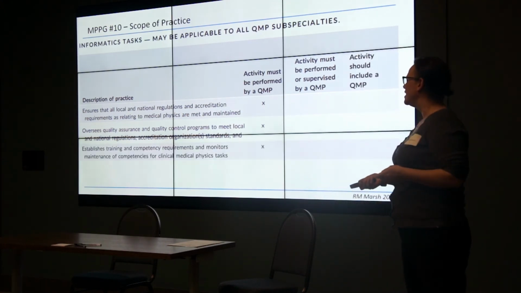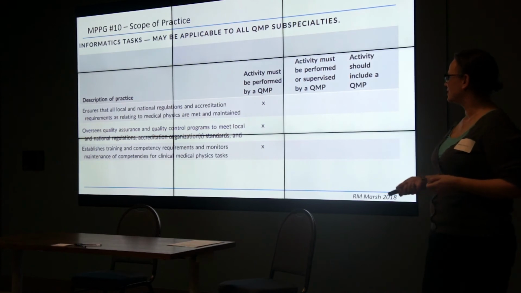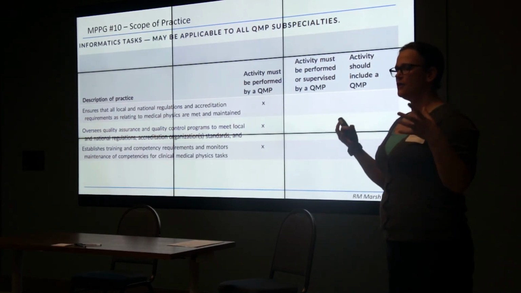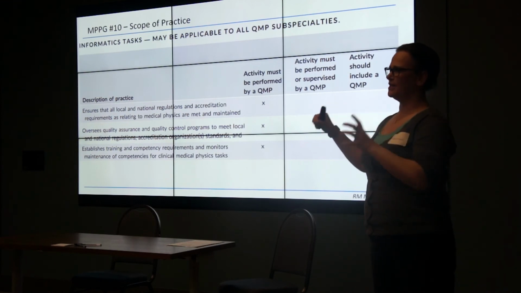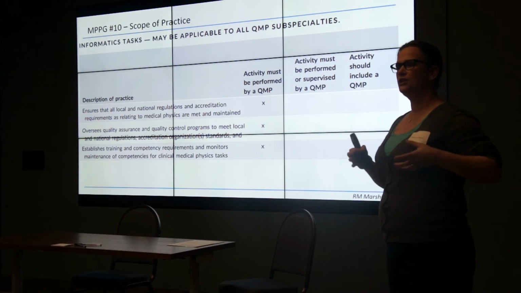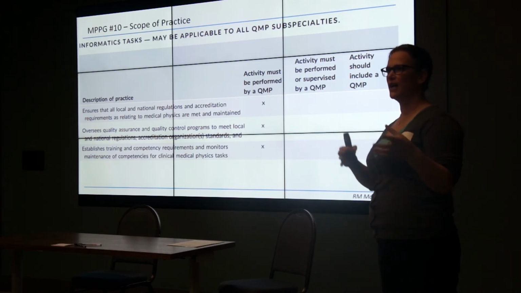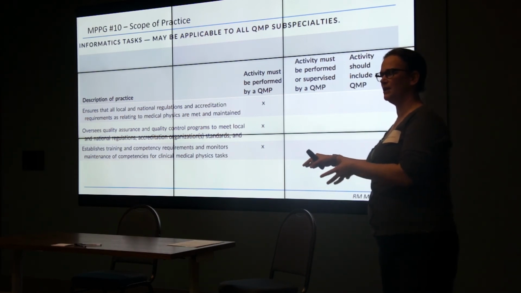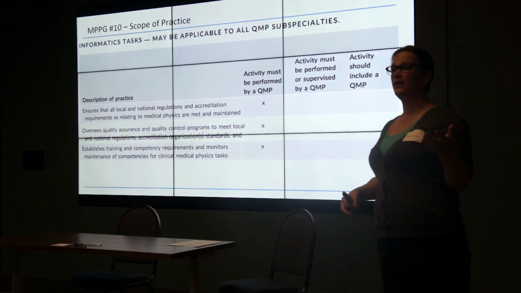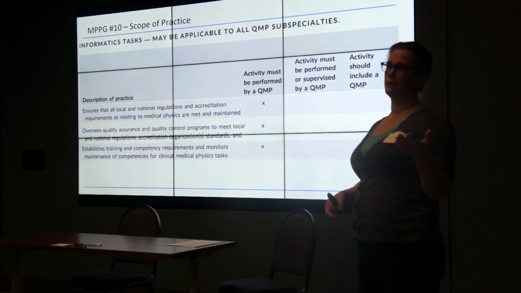Ensures training and competency requirements and monitors maintenance of competencies for clinical medical physics tasks. The idea is that if you have medical physics extenders, medical physics assistants, whatever, there really should be a QMP who's defining who's qualified to be in that role and who's doing that work and overseeing what they're doing. Same thing for other people you work with in the hospital.